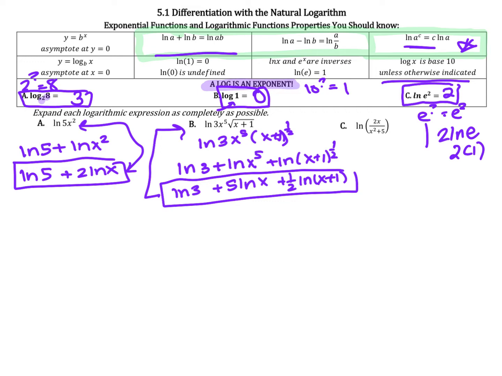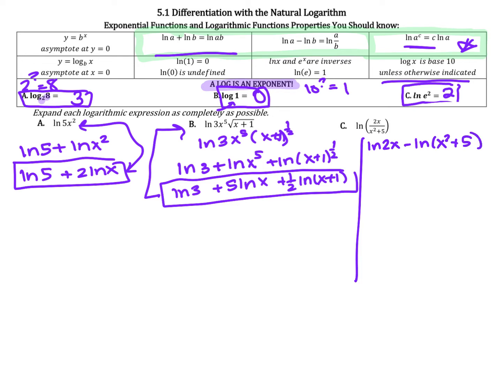And you might be thinking, I can't think of a reason why it's going to be more helpful for this to be expanded, but I promise you in just a few minutes you're going to see why it would help you to have these expanded. So for our last one, for C, this is the same thing as natural log of 2x minus natural log of that denominator.